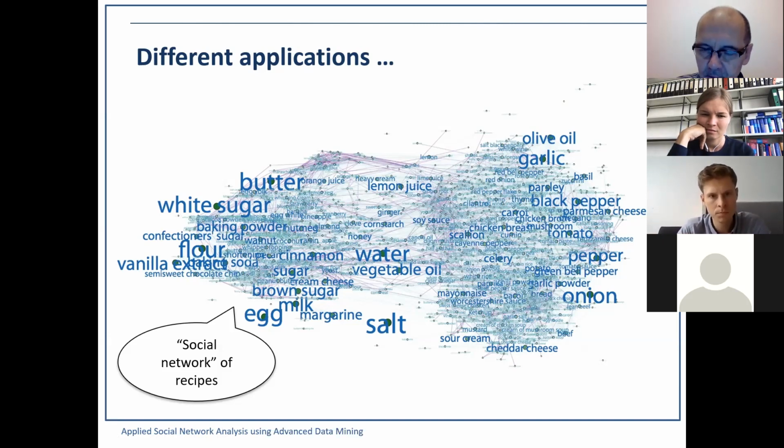The size of each ingredient, of the word representing each ingredient, represents the frequency. How often did this particular ingredient appear? So that's the size of each word. It's proportional to the frequency.